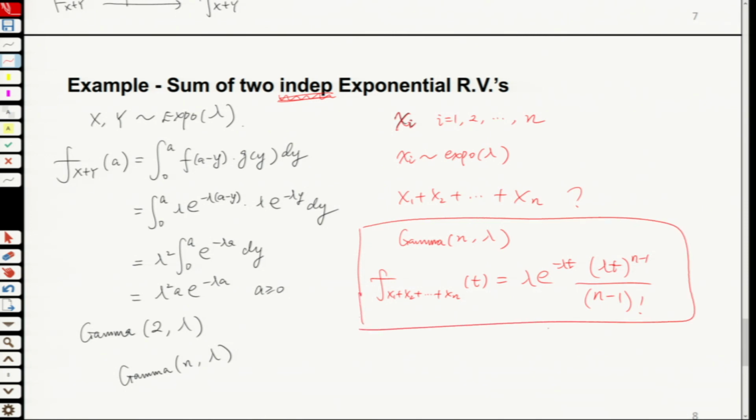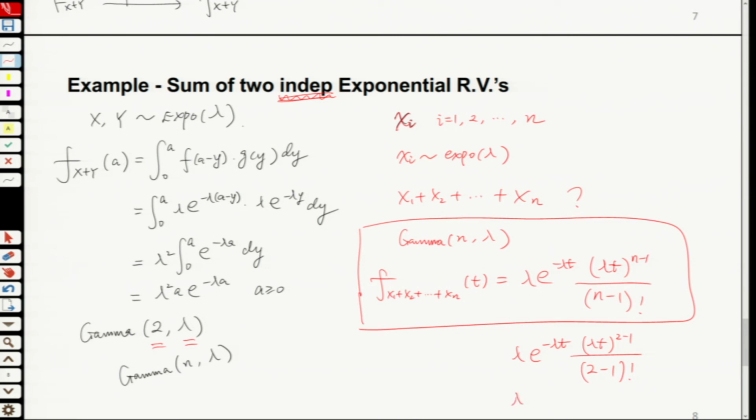Now, if you put n equals 2 here, we get lambda e^(minus lambda t) times (lambda t)^(2 minus 1) divided by (2 minus 1) factorial.